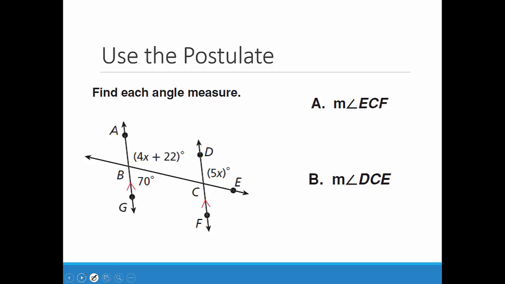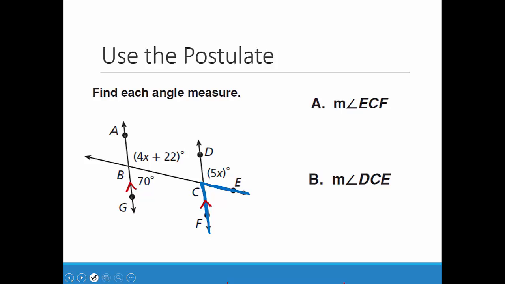The first one they tell us to find is the measure of angle ECF, so E to C to F. This is what we want to find. The first thing we have to notice is these little arrows here. I know they seem itty-bitty, but they are very important. They're telling us that those two lines, like AG and DF, are parallel to each other.